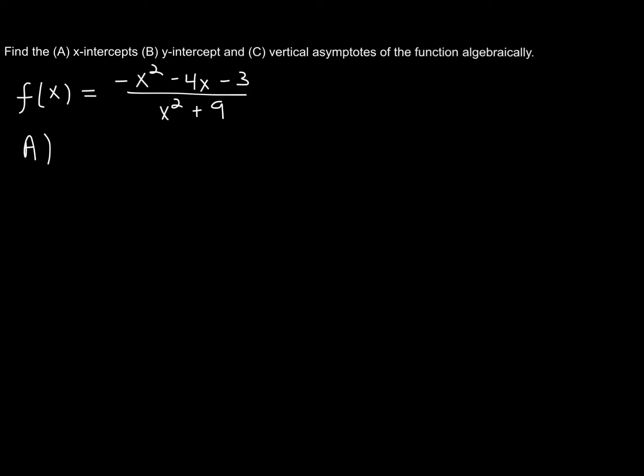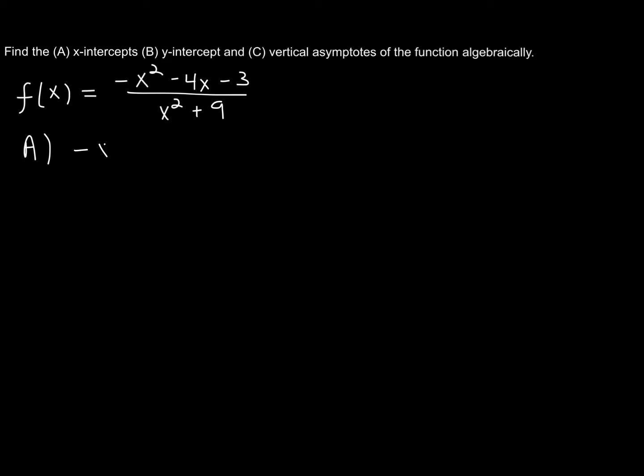When we have a rational expression set equal to 0, we know that simply means that the numerator must be equal to 0, because any fraction whose value is 0 must have a numerator that's equal to 0. And that's analogous to multiplying by the denominator on both sides of our equation and ending up with simply the numerator equal to 0. So I'll go ahead and do that.